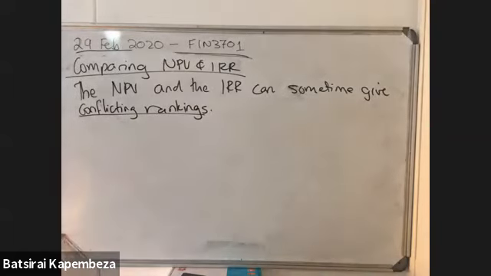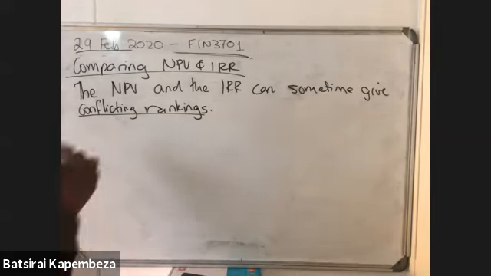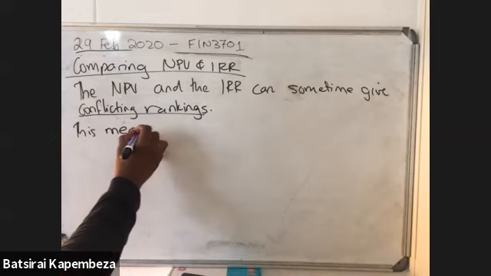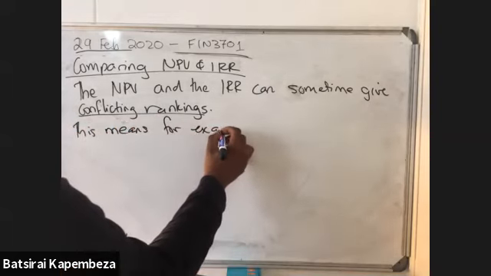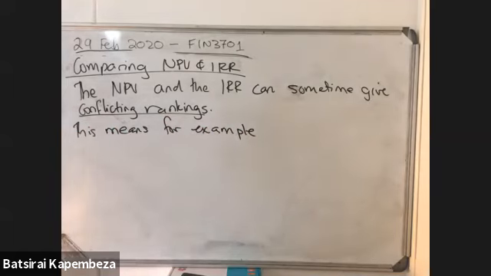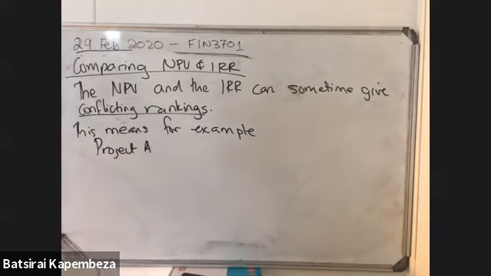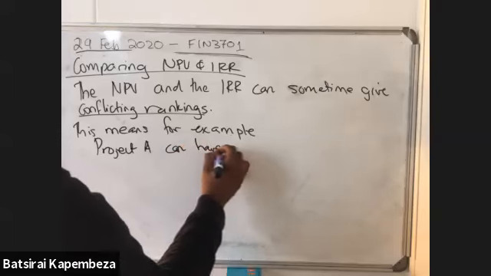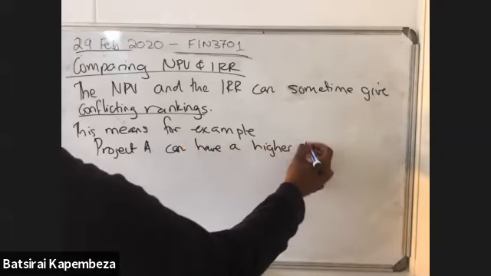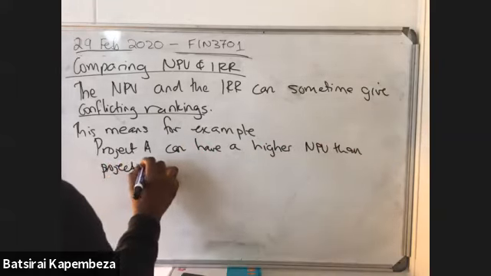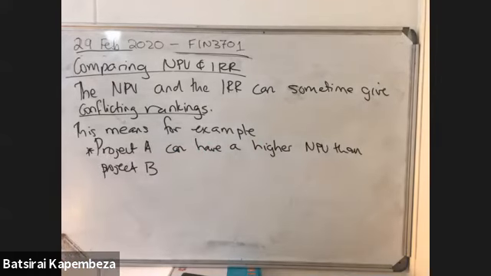What do we mean by conflicting rankings? This means, for example, let's say we have two projects, project A and B. Project A can have a higher NPV than project B. Right?